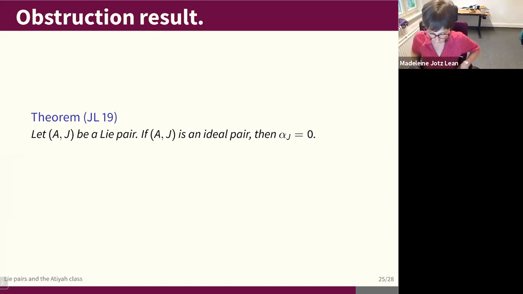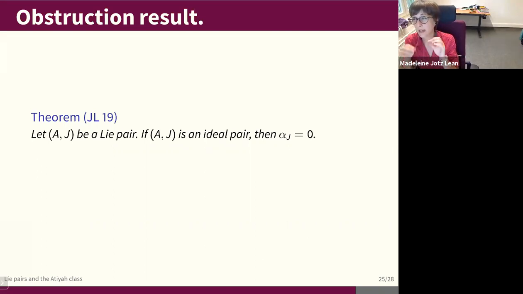And maybe it's always more striking to say the converse. If the Atiyah class doesn't vanish, then J cannot be a kernel of a fibration. So it cannot carry an ideal structure. But I should say, be careful here.